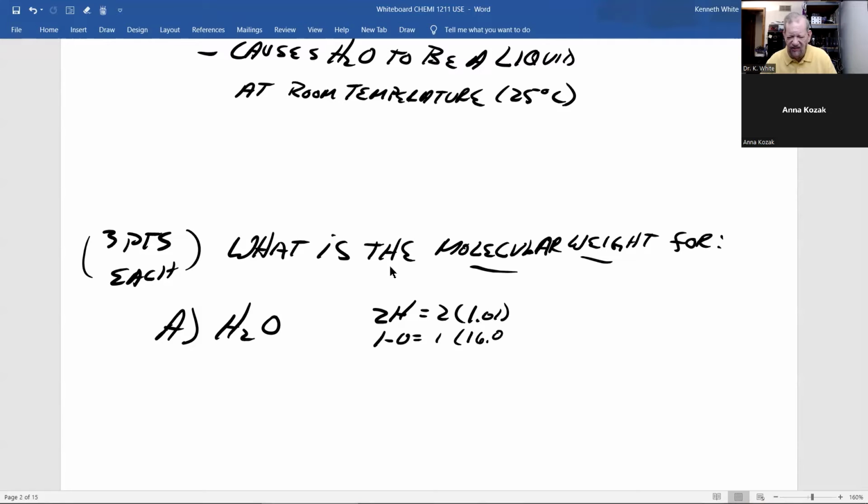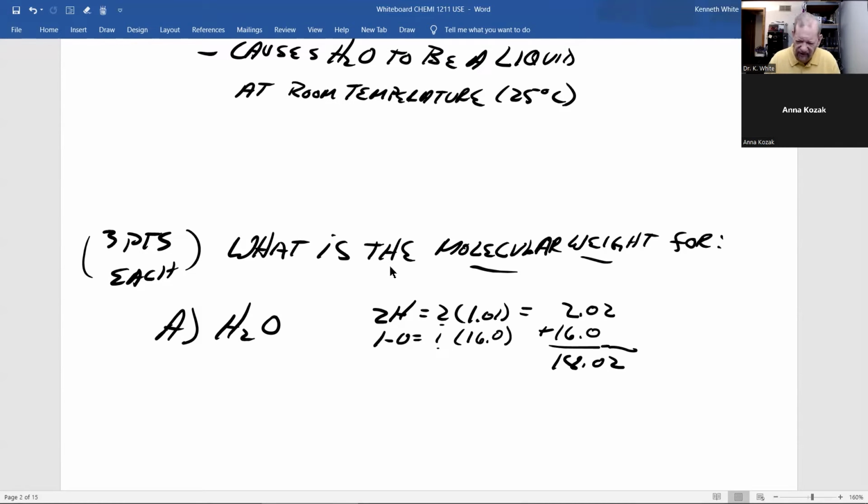Oxygen is 16.0. The 2 and 1 are exact numbers. So when I multiply, this is 2.02, this is 16.0, and then you add them up and you get 18.02. Now we're not done.